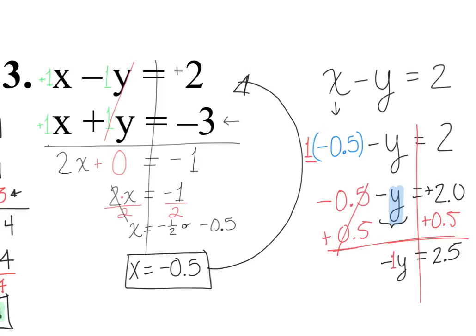Remember, that's a negative 1 being multiplied with y. So I'm going to divide both sides by negative 1. And then this will be a positive y, 1y. And on the other side, I have a positive and a negative. It's negative. 2.5 divided by 1 is 2.5.